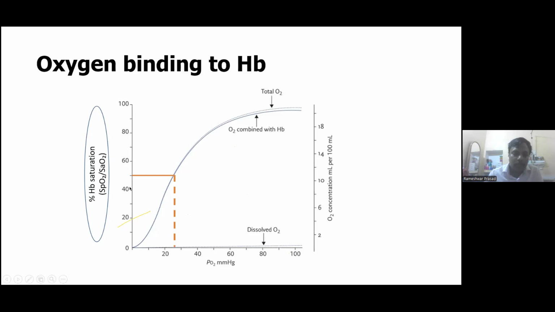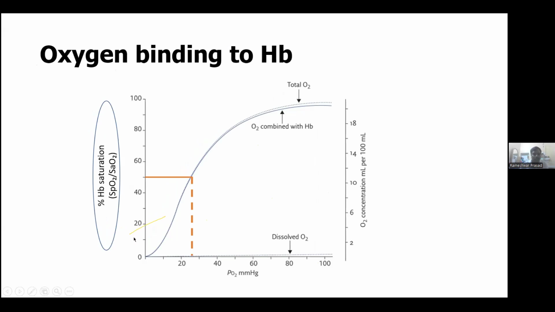One value is this one. Now, the horizontal line is PaO2 value. The vertical line is your percentage of hemoglobin saturation, which you get in pulse oximeter as SpO2. In blood gas, you get it as SaO2.